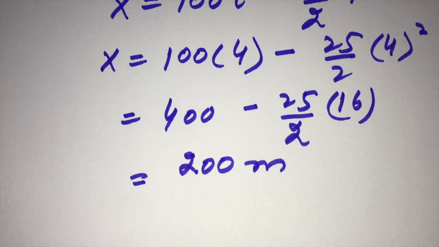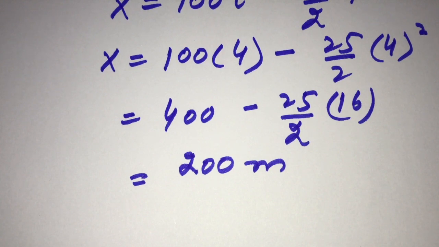So in part 4, we have to calculate the velocity with which the missile strikes the ground. When the missile strikes the ground, we assume that the distance is equal to 0. We take the ground as our reference, so the displacement is equal to 0.